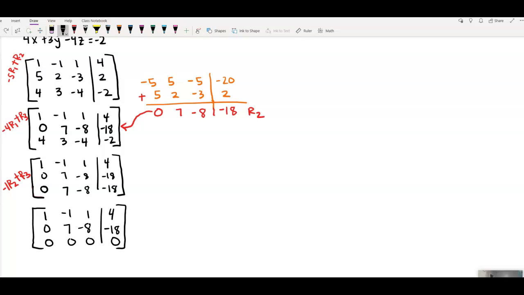Okay, so what happened here? The z went away. And so when you're writing this down, we're going to put this in terms of z. If it asks you to write with parameters in terms of z, that means all the equations that you write need to have a z in them.